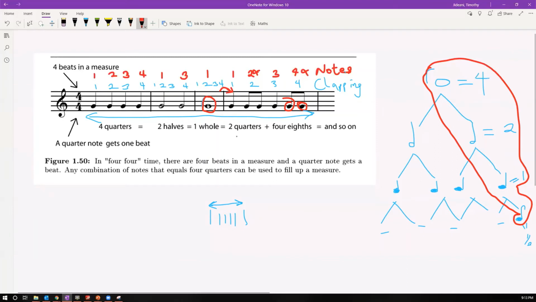Okay, so 1, 2, and 3, 4, and. If you paid attention to my clapping, I was still counting 1, 2, 3, 4. 1, 2, 3, 4. And if you notice, when I was singing this one here, I was in between 2 and 3.